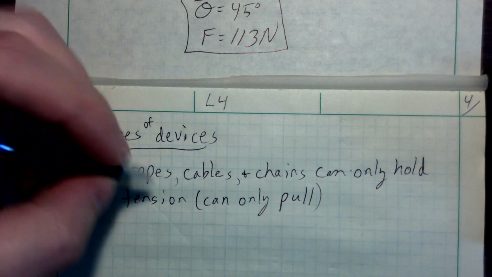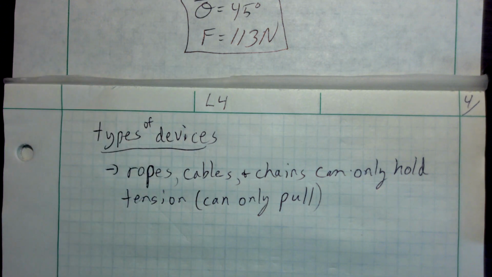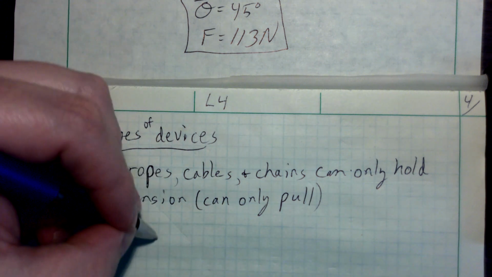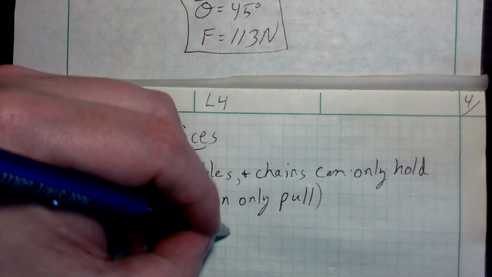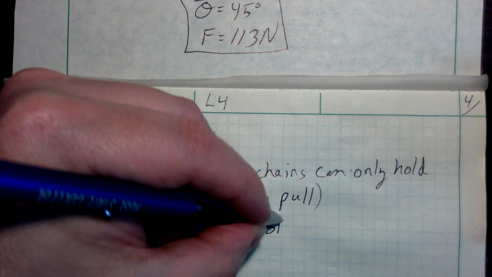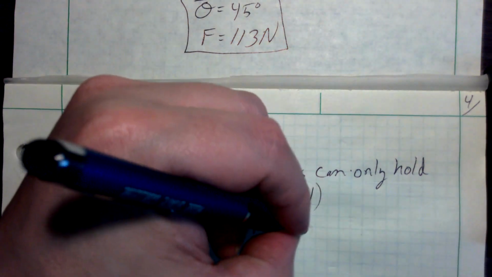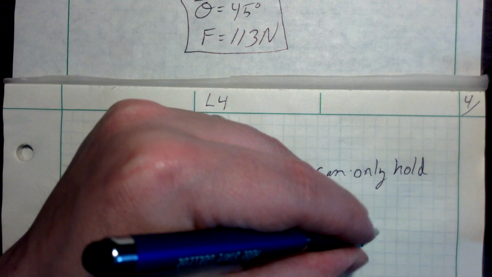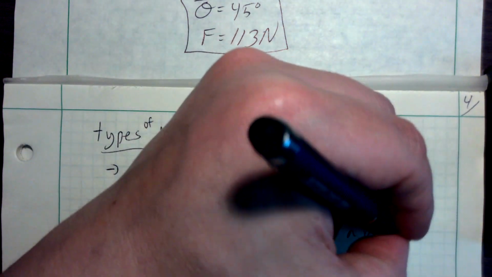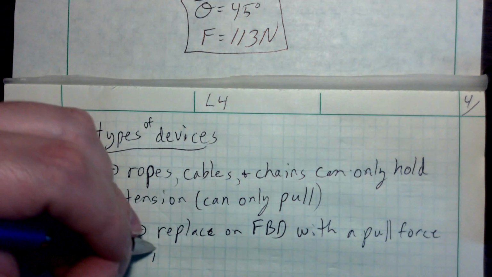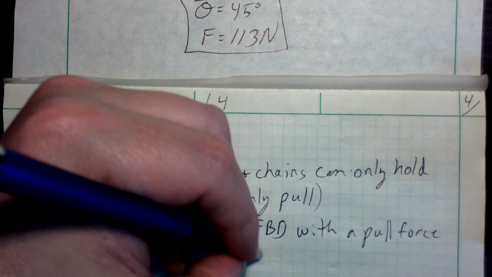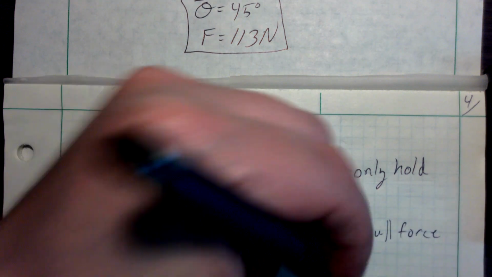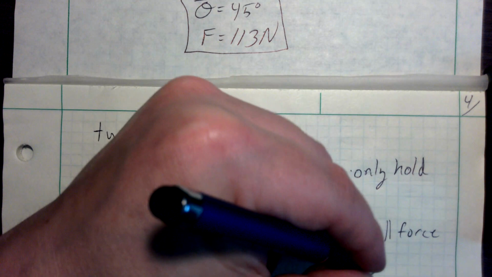So if you see a rope or a chain or a cable applied to an object and you want to draw a free body diagram, replace on a free body diagram any rope, cable, or chain with a pull force in the direction of, and I'm just going to write rope.